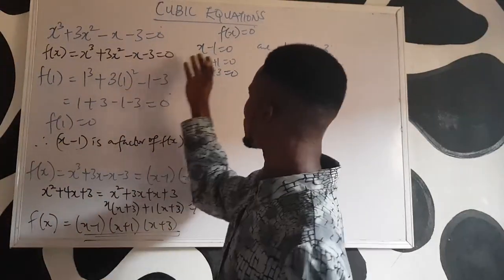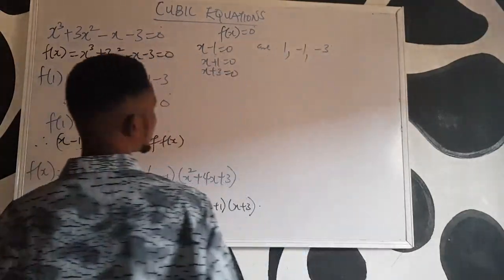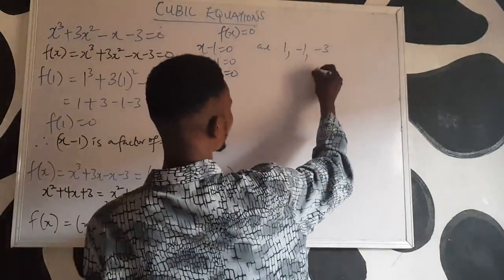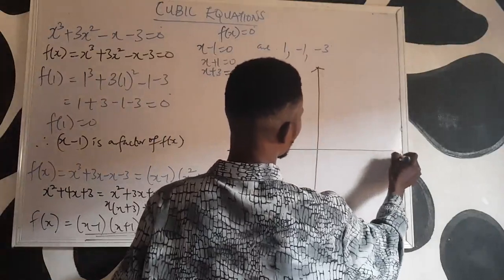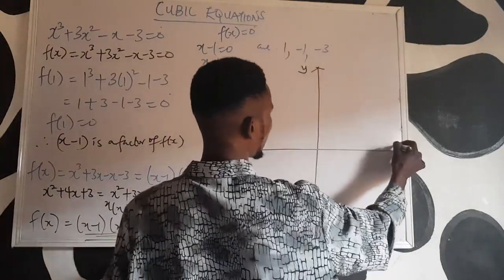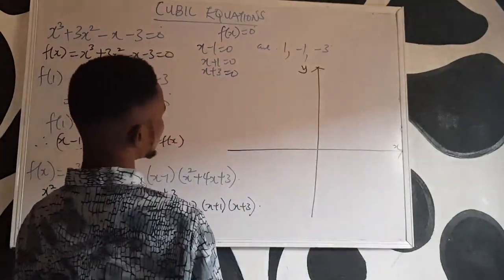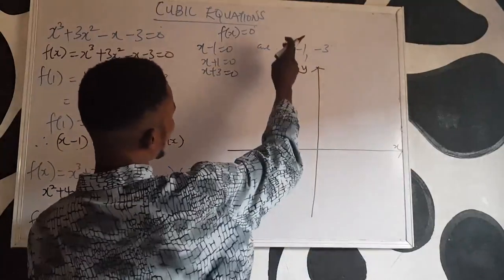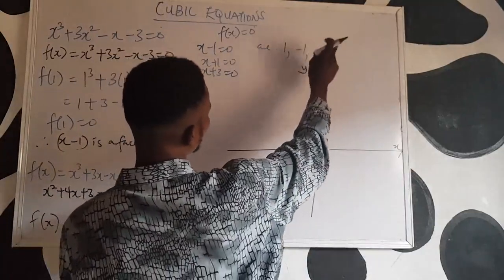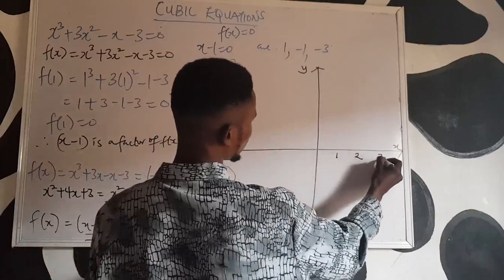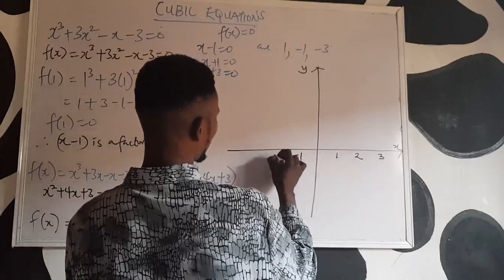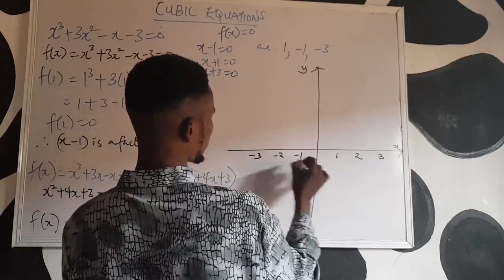So let's sketch the roots of this. This is y, this is x, the x-axis. So x is 1, minus 1, minus 3. This is 1, 2, 3, minus 1, minus 2, minus 3.